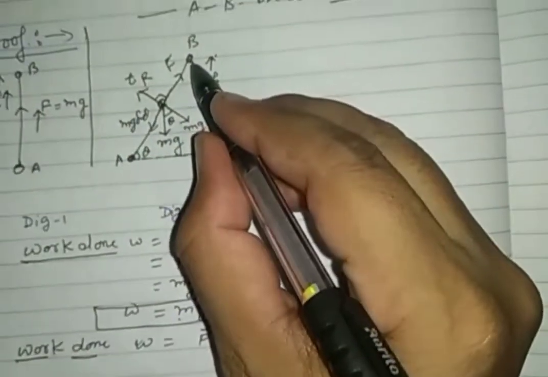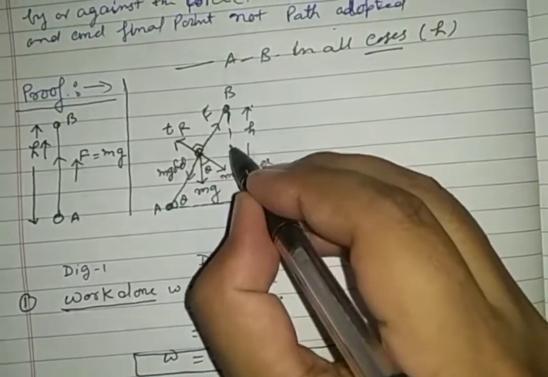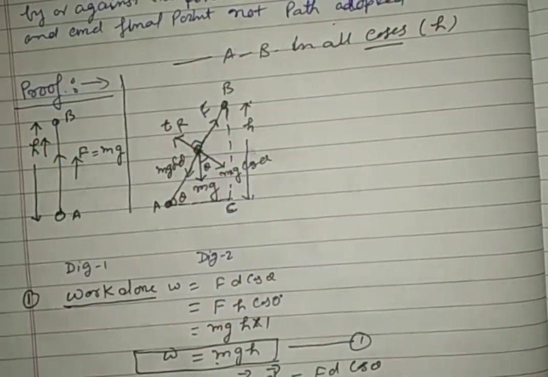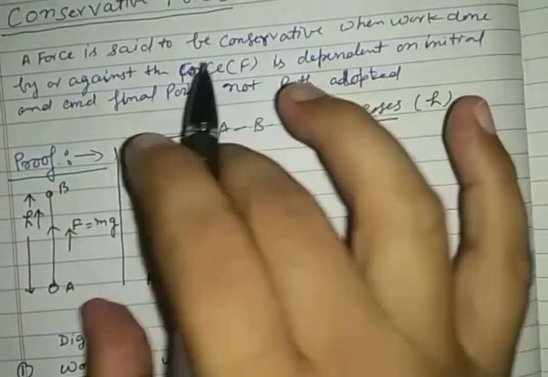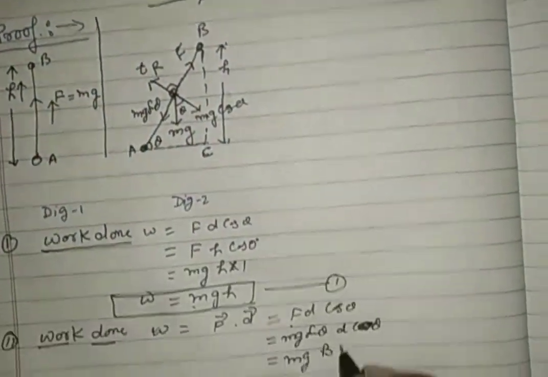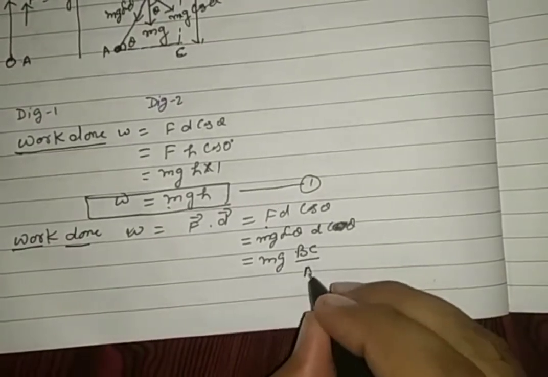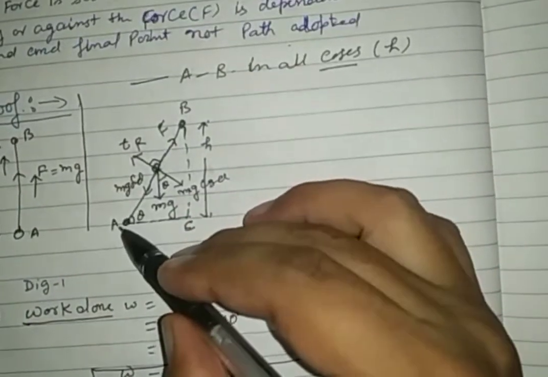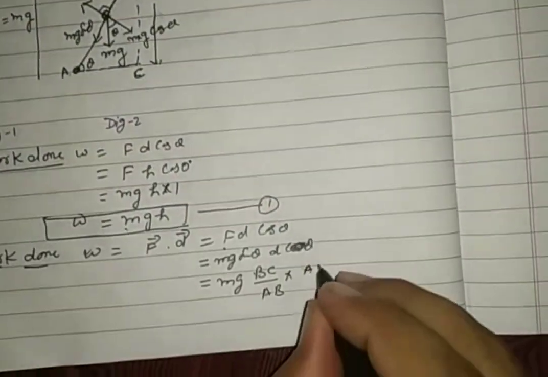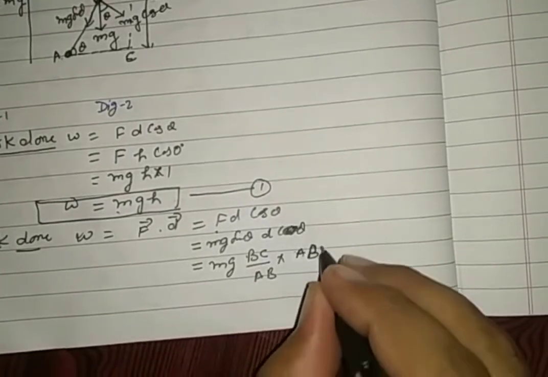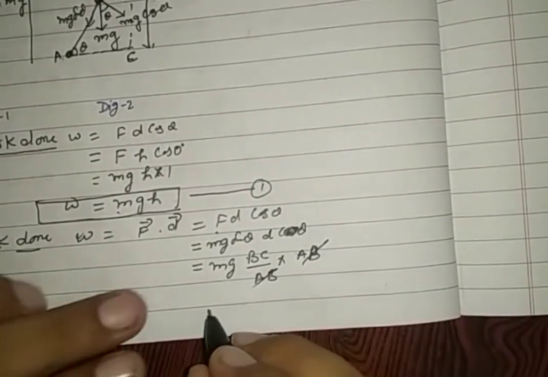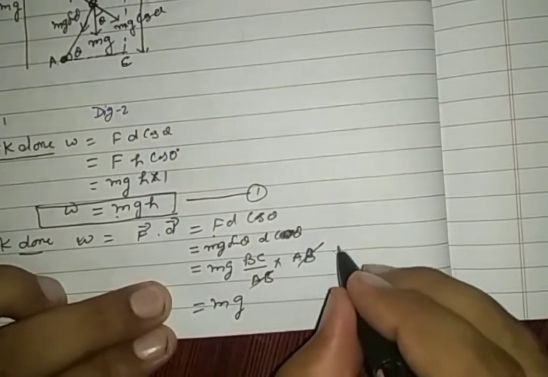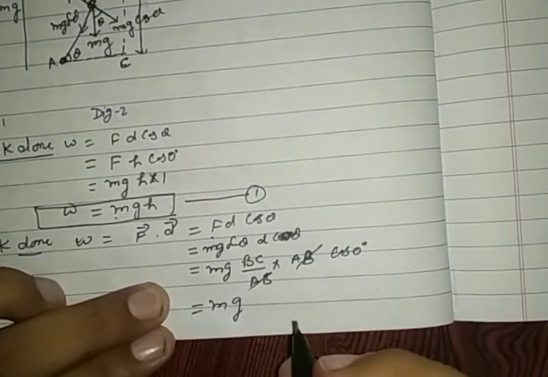See, sin theta is equal to, when we compare here, complete this diagram and treat this point as C. So sin theta is perpendicular by hypotenuse, it is BC by AB, BC by AB into displacement. Displacement is from A to B, so here it is written as AB. Now AB cancels. Now it becomes mg, and cos theta is cos 0, and cos 0 is 1.